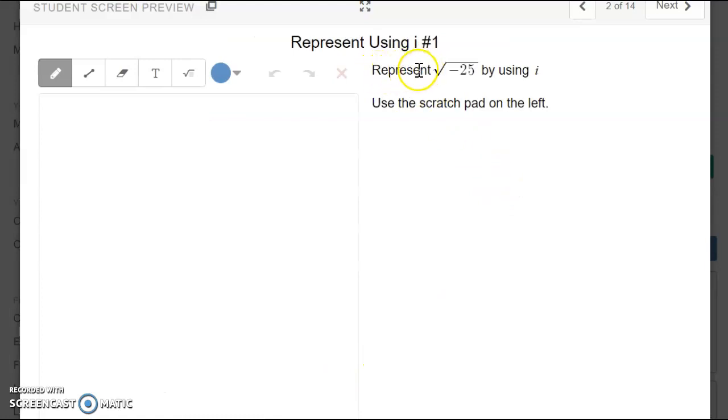Okay, card number 2, represent square root of negative 25 by using i. I can use the equation symbol.